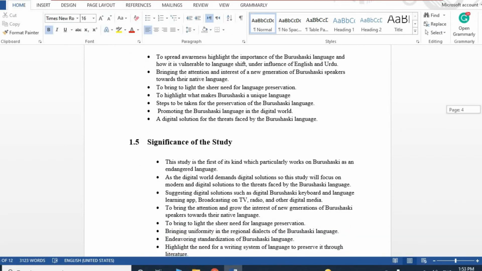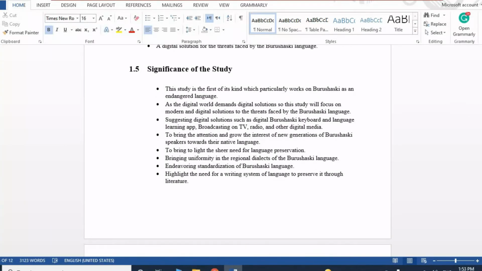And the digital world demands digital solutions. So that's why. And the significance of my study is very important. What makes your study different, unique, right? As work has already been done, what is the difference, the distinction that you want to create, the significance of your study? So this study is the first of its kind, right, which particularly works on Burushaski as an endangered language. Wow, that is significant, because it is the first of its kind.